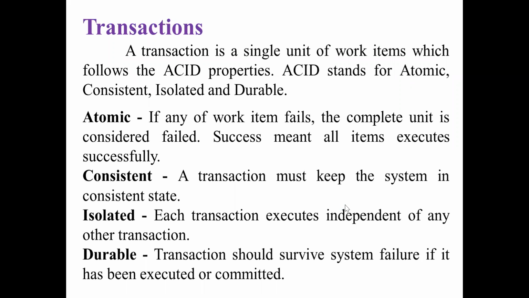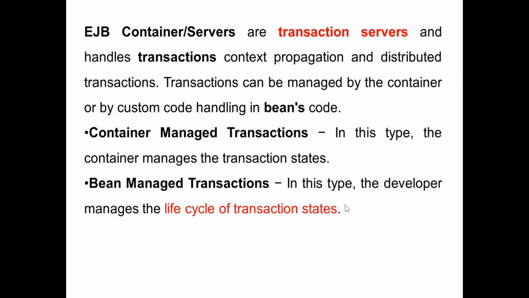Then we can move to the EJB container server. It is basically on the server side. The transaction server handles transaction context propagation and distributed transactions. These are processed in the transaction server, which is the EJB container server.